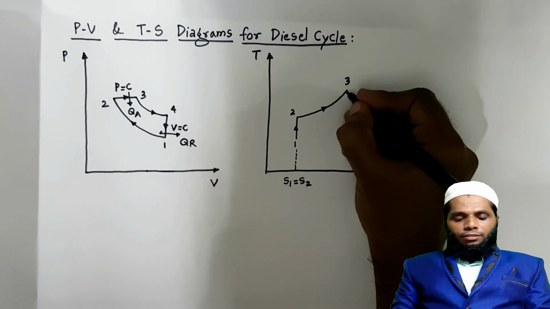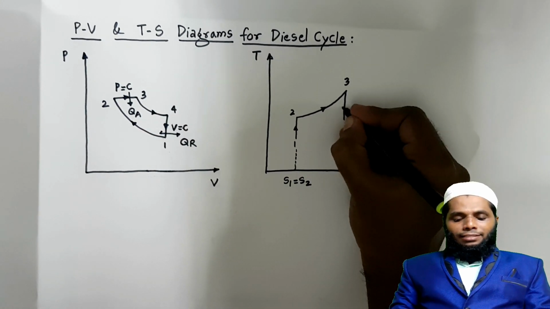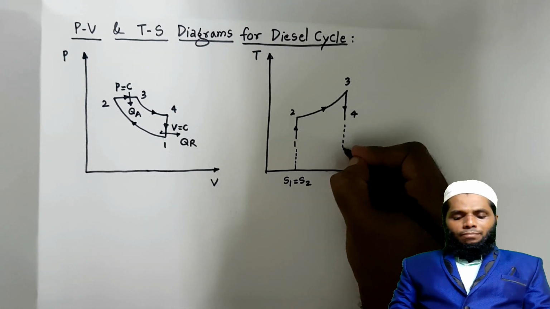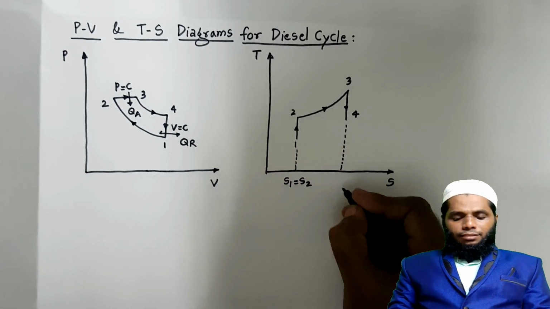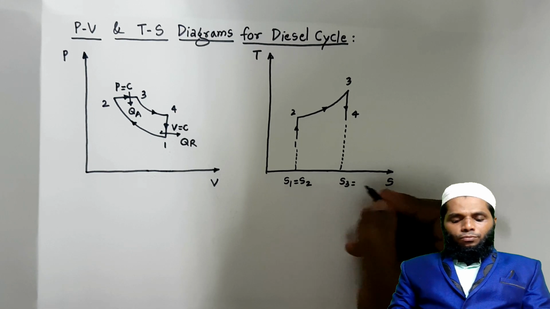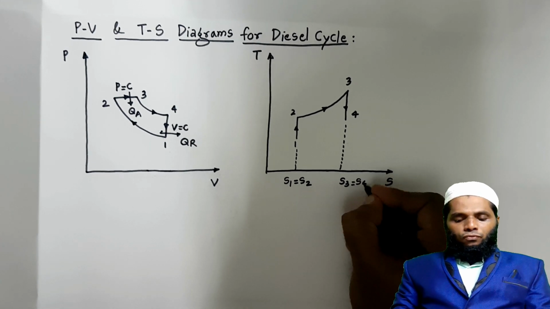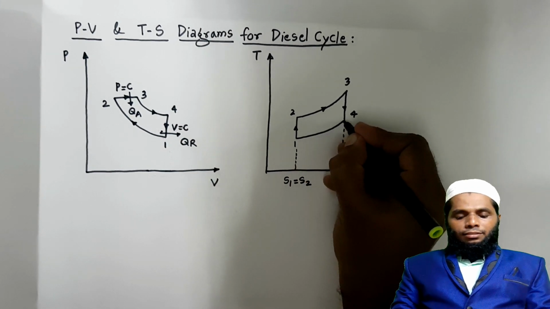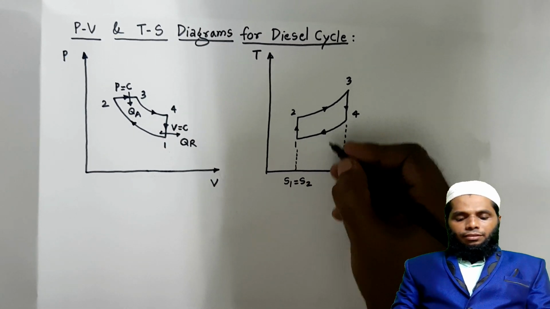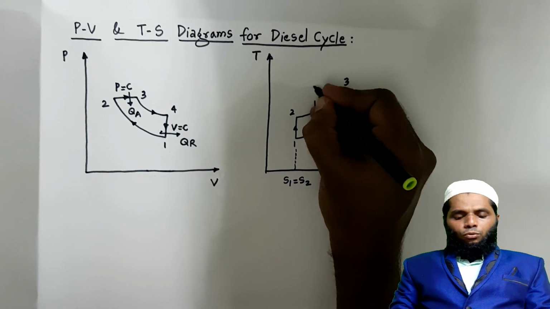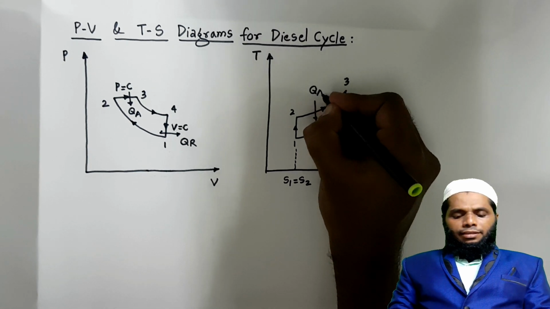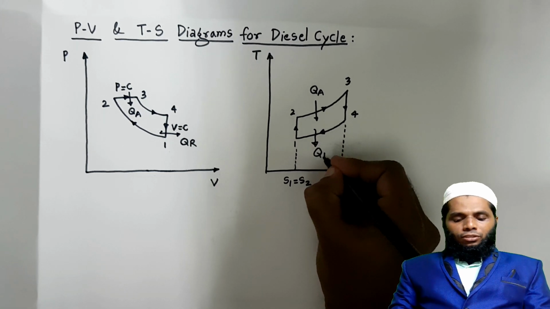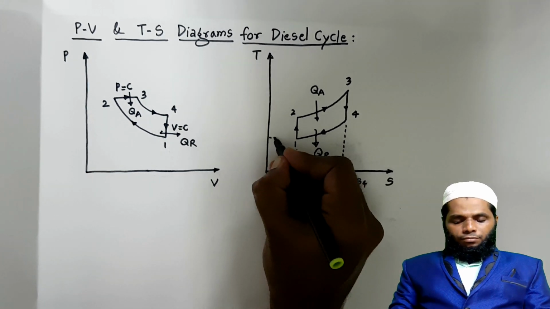Then 3 to 4 is adiabatic or isentropic expansion where entropy remains constant, that is S3 is equal to S4. And 4 to 1 process is heat rejection. So we'll mark 2 to 3 process heat addition QA and 4 to 1 heat rejection QR.